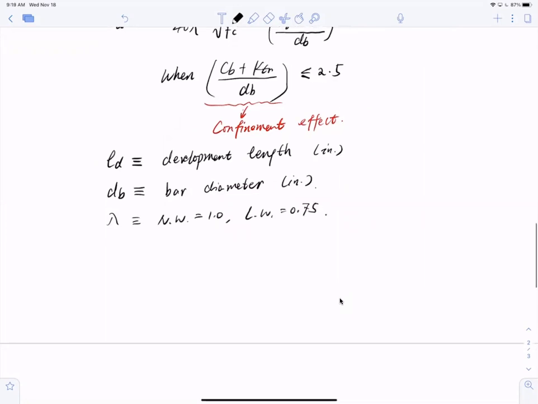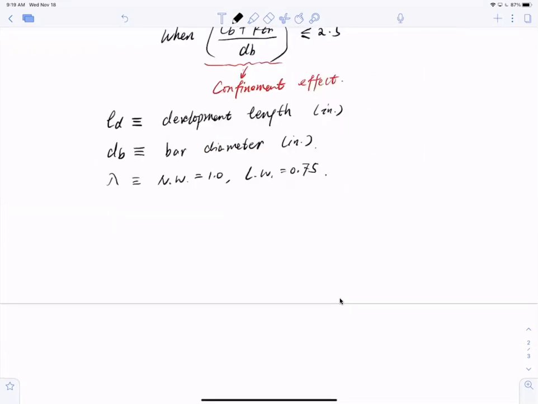So these are the big coefficients. Now let's talk about the smaller ones. First of all, CB. What is CB? CB turns out to be the concrete cover coefficient, so this is about the concrete cover. And it is the smaller of these numbers.